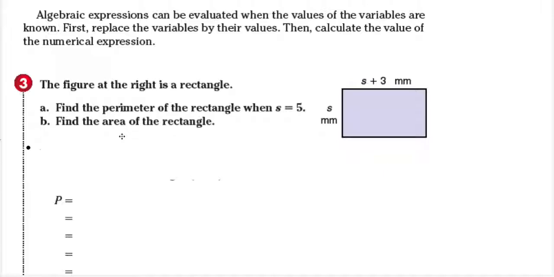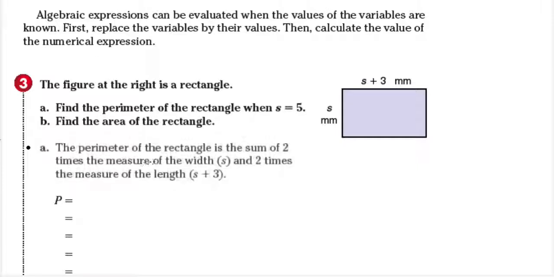Again, when you talk about these types of problems, it is assumed that you know the formula for perimeter. The perimeter of a rectangle is the sum of 2 times the measure of the width and 2 times the measure of the length, or perimeter, a little bit of review, is equal to 2 times the length plus 2 times the width.